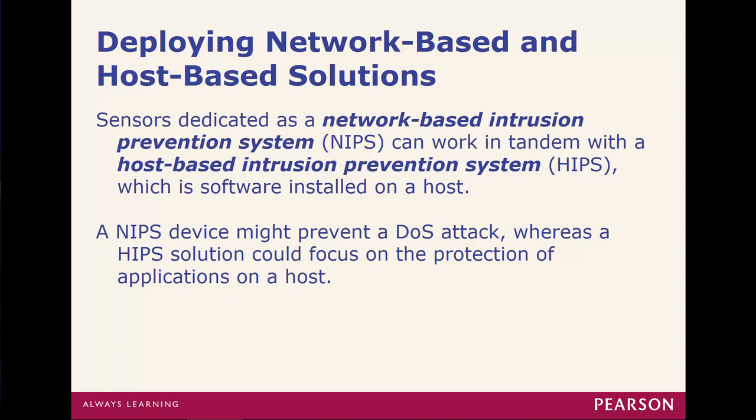Depending on its location, it may or may not be able to stop certain types of attacks. For example, a DDoS attack is going to be tied to the network. So a network IPS may be able to drop the DDoS attack, whereas the host IPS would not be able to.